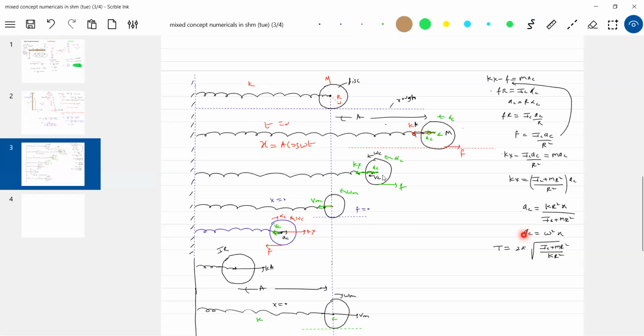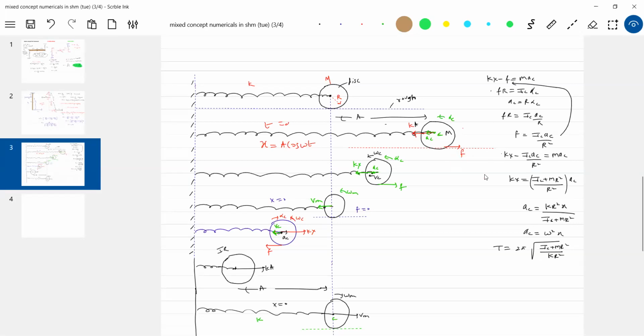So the acceleration of center of mass will vary, and this friction is directly proportional to the acceleration of center of mass. So friction will also vary harmonically. This is very important. This is what I wanted to stress in this particular numerical. We got the time period. What about the friction? The rolling friction varies harmonically with time.